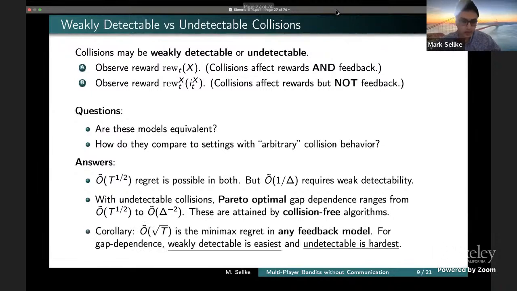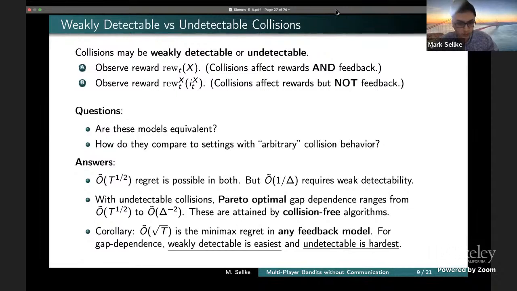Yeah, so that's kind of what I was getting to. So if you just care about minimax regret, then in any feedback model, you get square root T. But if you care about gap dependence, then weakly detectable is easiest. So when you see the actual reward you got, the gap dependence is the same as in the standard one-player bandit.